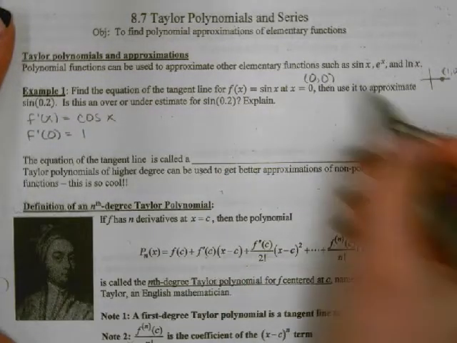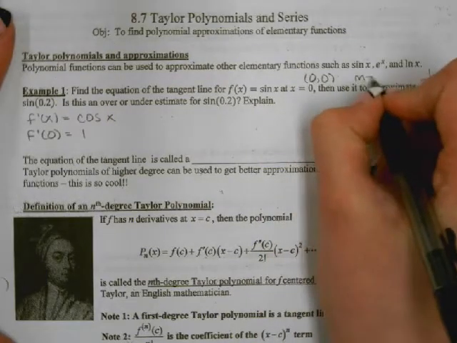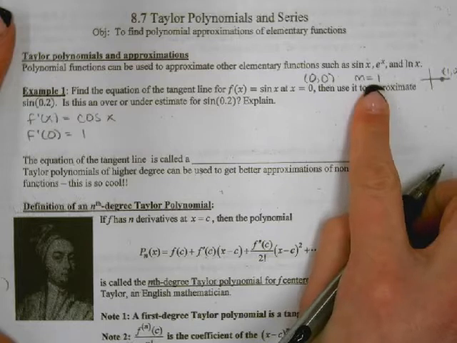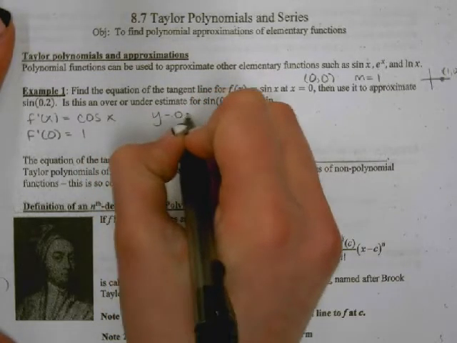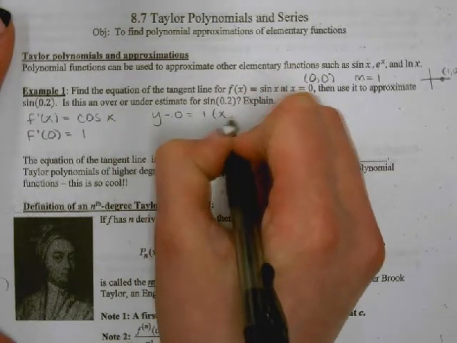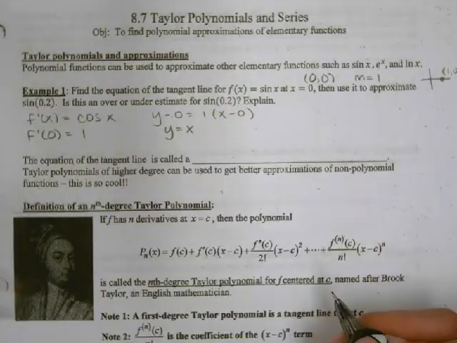So that means the x and y coordinates are 0 and 0, and our instantaneous rate of change at that point is 1. So the equation of the tangent line is y minus 0 equals 1 times x minus 0, or we could just say y equals x.